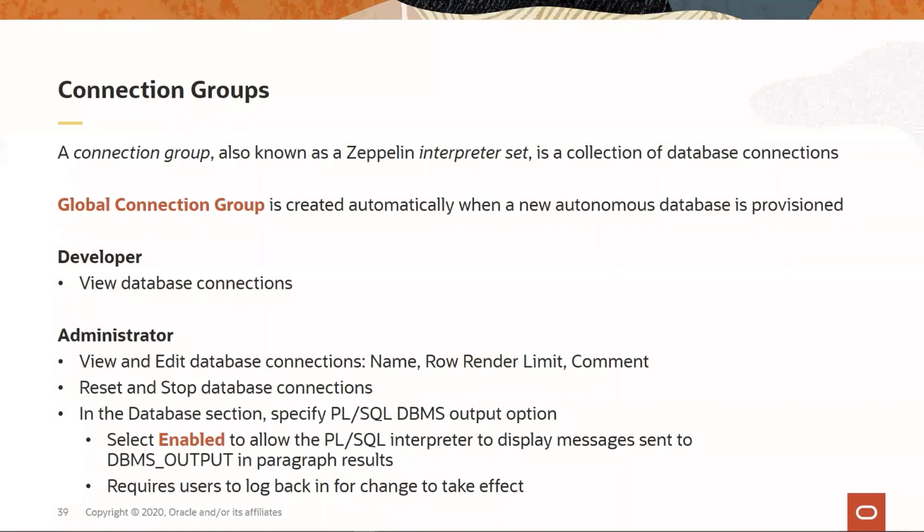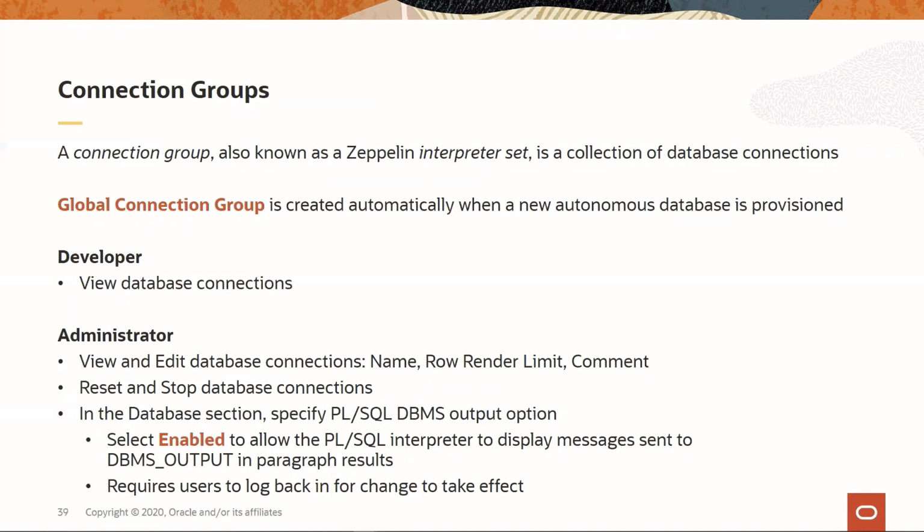And then in the database section, you also have the ability to turn off the DBMS output content. So there are two settings, enabled and disabled. And DBMS output is writing results to the screen as part of your PL SQL content.